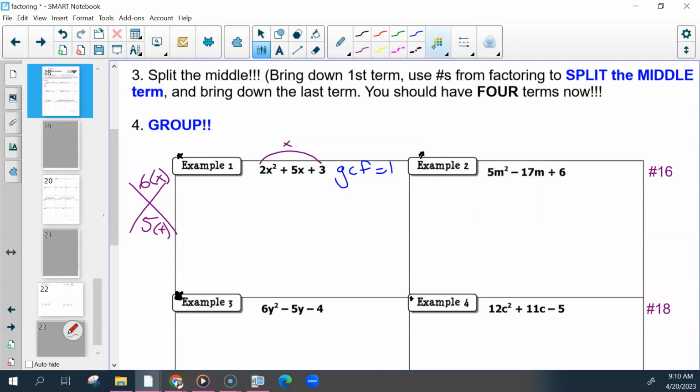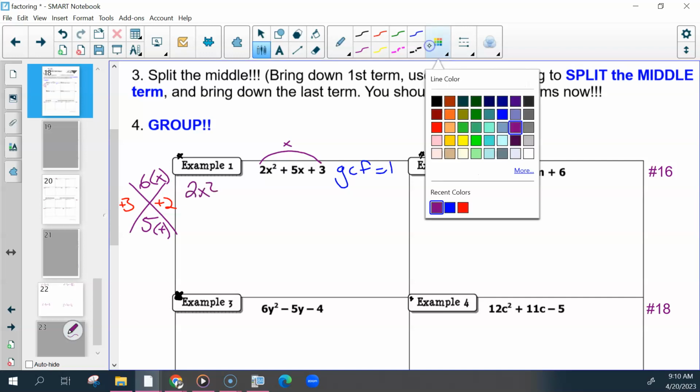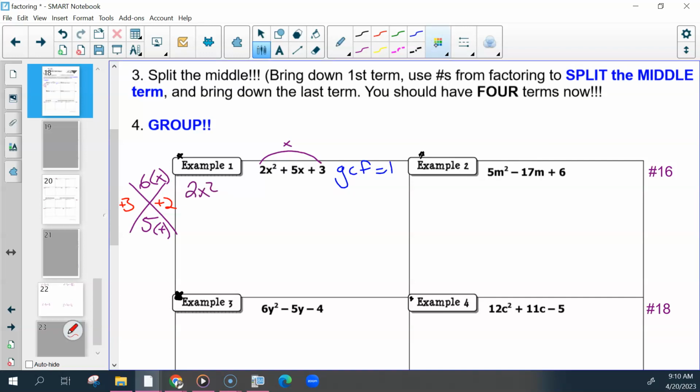I'm color coding so it kind of helps you see if you want to also color code using this. So then we're going to take our 3 terms and split them into 4. The first and the last always stay the same. And instead of the 5x, you're going to use 3 and 2. And because this one had x, these will also have x.